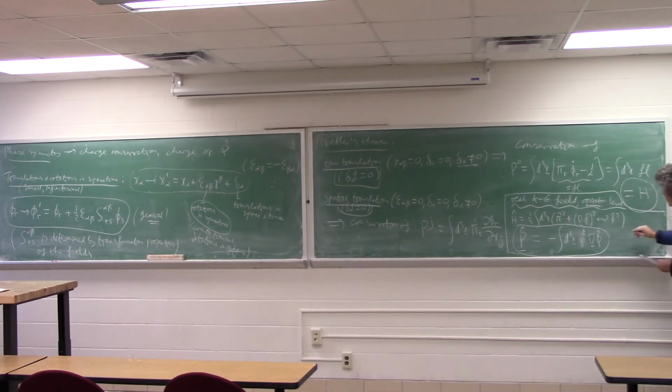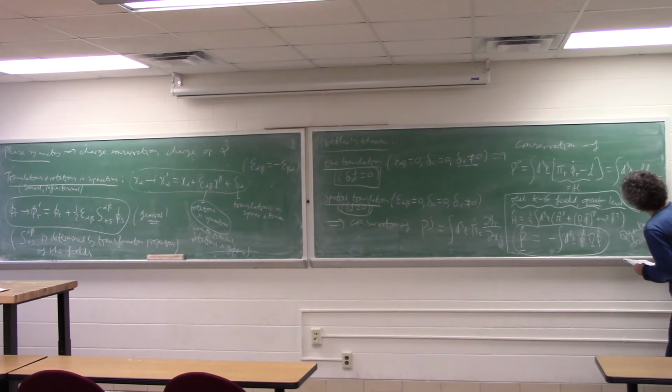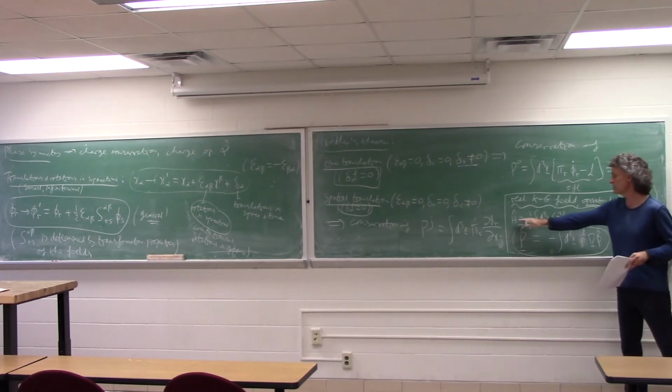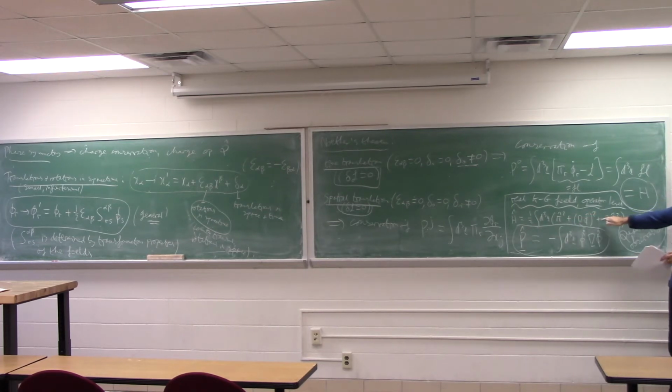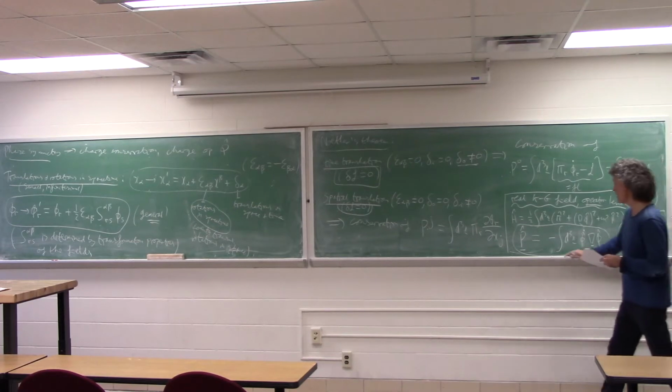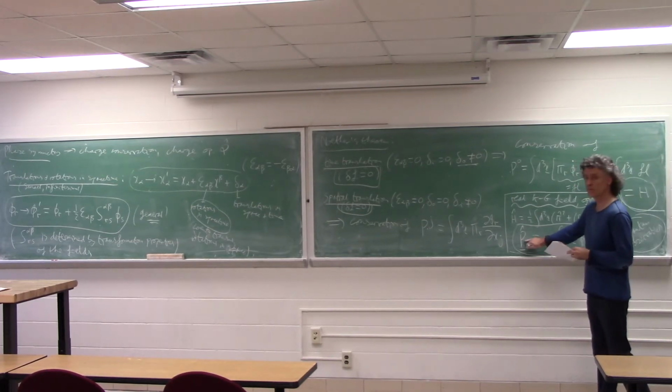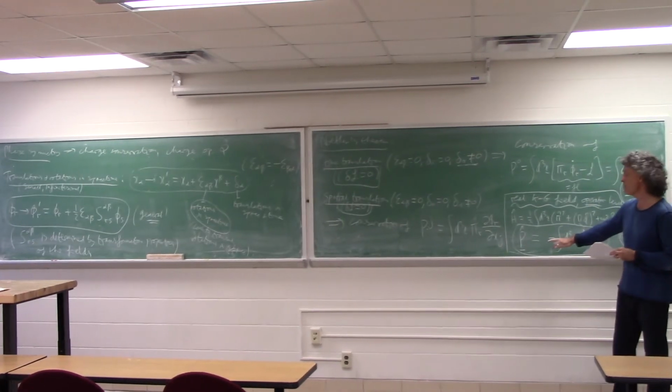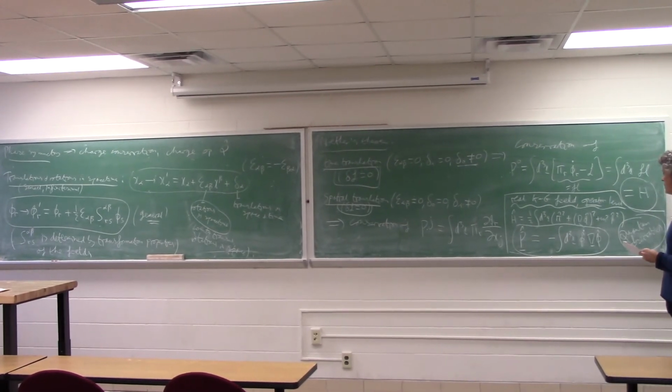All right, this is at the quantum level. These are quantum observables. This is an expression for the total energy. This is the energy operator of the real Klein-Gordon field. And this is the quantum momentum operator, the total momentum for the real Klein-Gordon field.